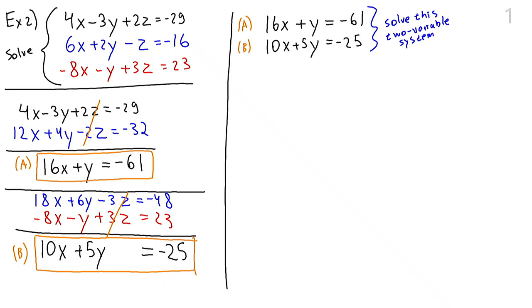Again, I can use any method of either elimination or substitution, but what I'm going to do is multiply A, the first equation, by -5 because I want to eliminate the y variable.